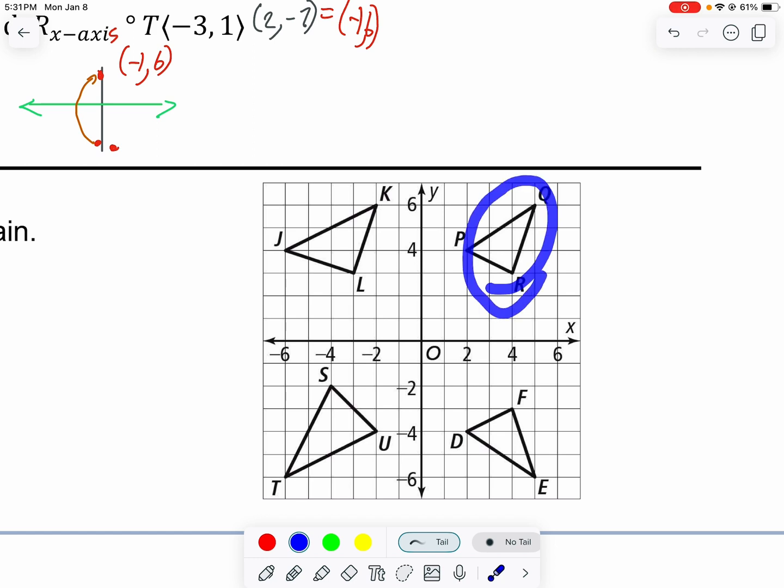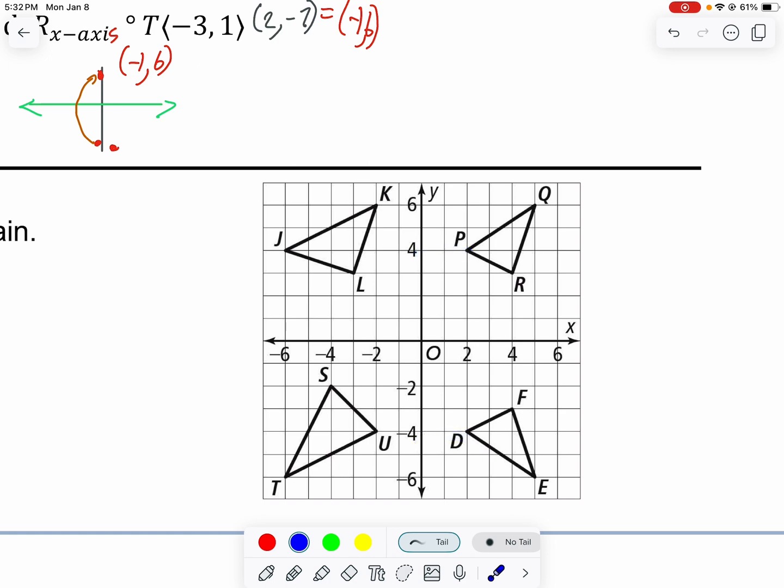So if we use PQR and reflect it across the x-axis, let's just pick point R. It goes from (4, 3) to (4, -3). So reflected across that x-axis, R gets there. P goes from 2 on the x, stays 2 on the x, to get to D, and 4 to -4.